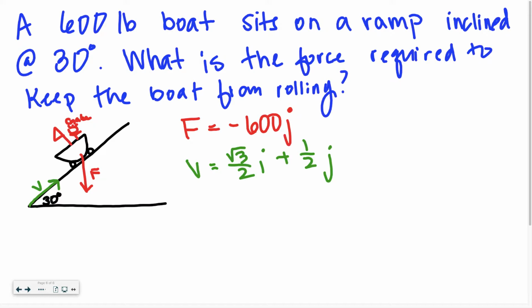So now what I want to find is the projection of f onto v. How are we going to do that? We're going to take the dot product over, which magnitude do we care about? v squared times v.